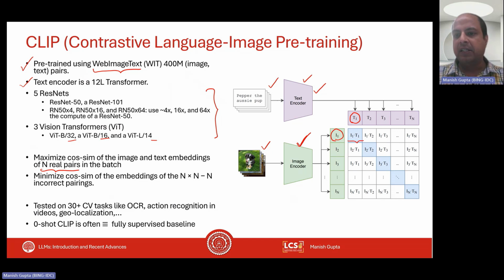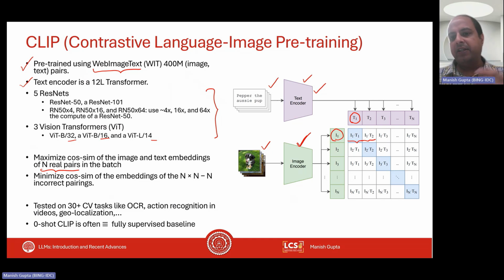So I1.T1, I1.T2, and so on. Given a batch of, let's say, 20, you end up with 400 similarities because you have 20 image embeddings and 20 text embeddings. Of course, there are only 20 positive pairs.